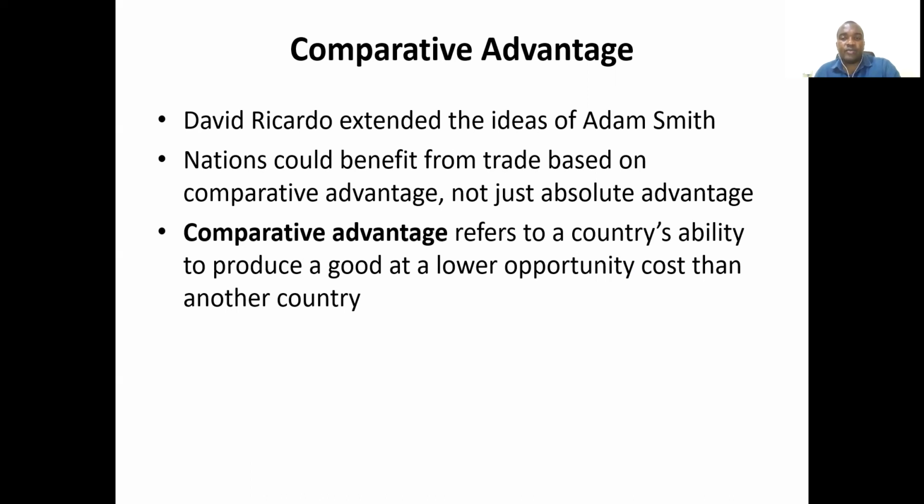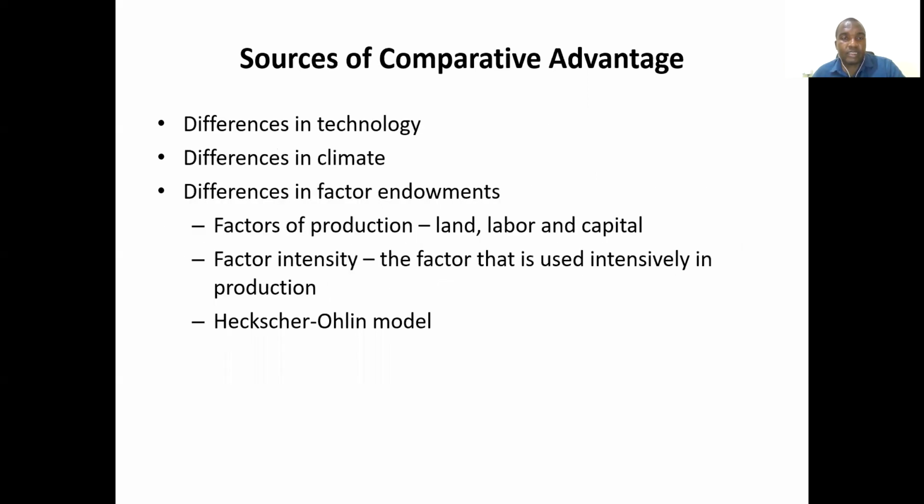Nations could benefit from trade based on comparative advantage, not just absolute advantage, as it were. Comparative advantage refers to a country's ability to produce a good at a lower opportunity cost compared to another country. So here we look at opportunity cost ratios rather than the absolute quantities of commodities.